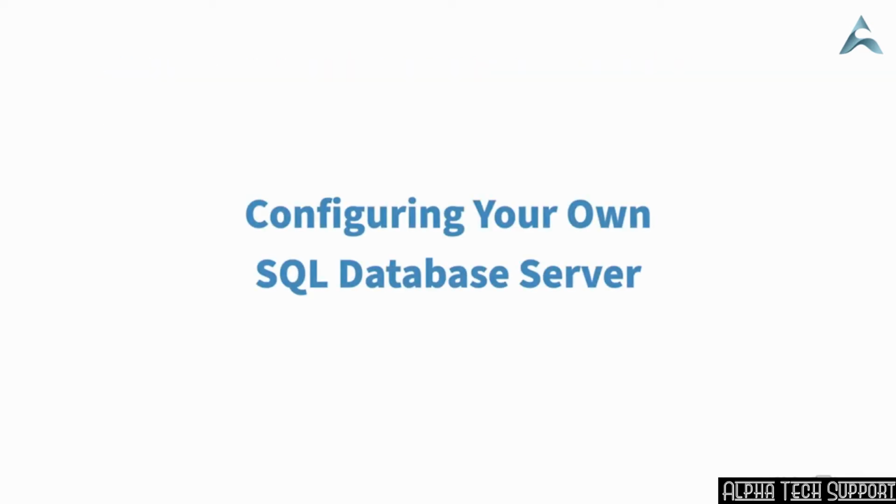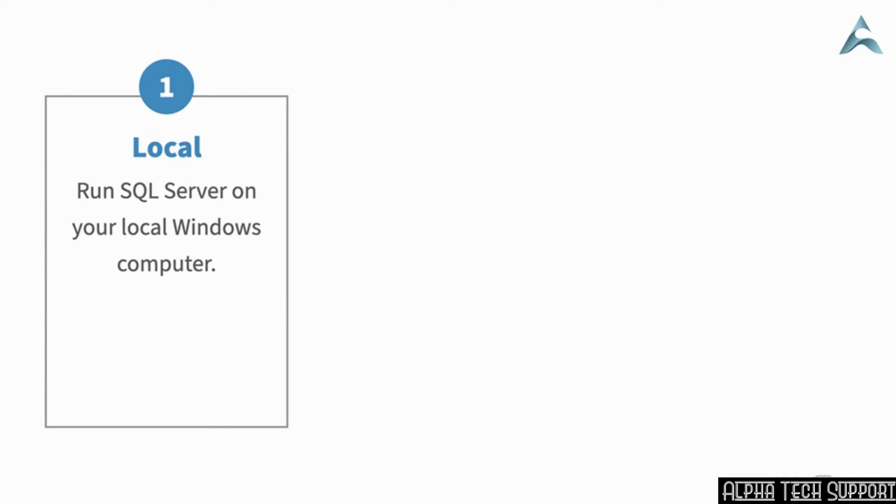Now, if you don't yet have access to a SQL database server instance, or if you want to configure your own server for this course so that you can freely play around without potentially messing up a live production server, you have a couple of options. If you're running a Windows machine, Microsoft provides a developer edition of SQL Server that's free to use for educational purposes.